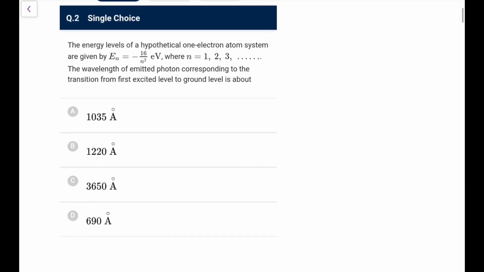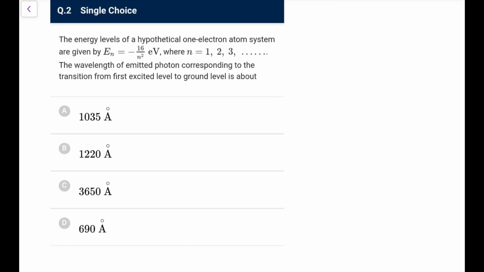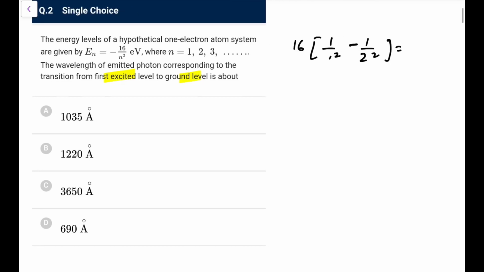Next. The energy levels of a hypothetical one-electron atom system are given by minus 16 by n square, so instead of 13.6, it is given as 16, where n is 1, 2, 3. Find the wavelength of the emitted photon corresponding to transition from first excited to ground level. The energy difference would be equal to 16 times (1 by 1 square minus 1 by 2 square), and that in eV would be equal to 1240 by lambda.